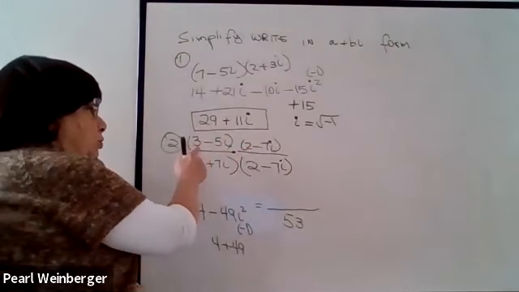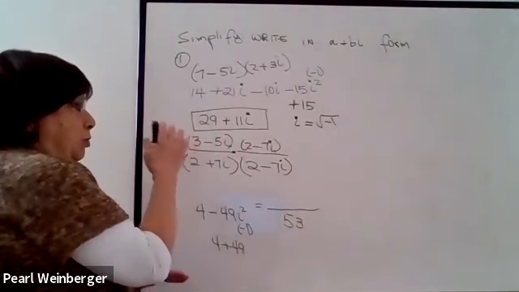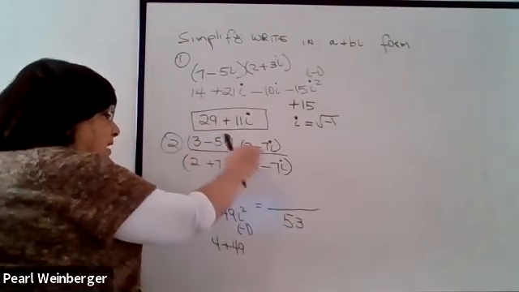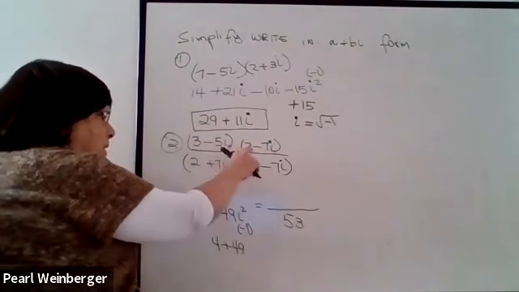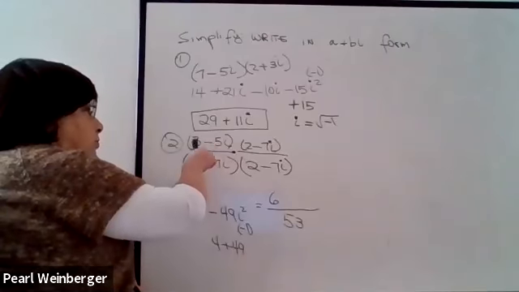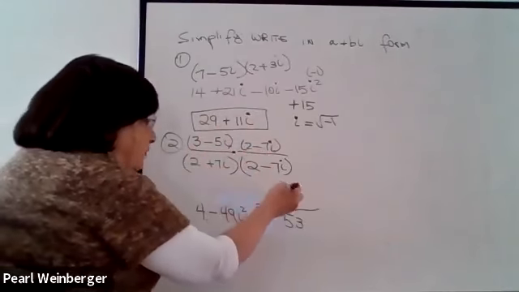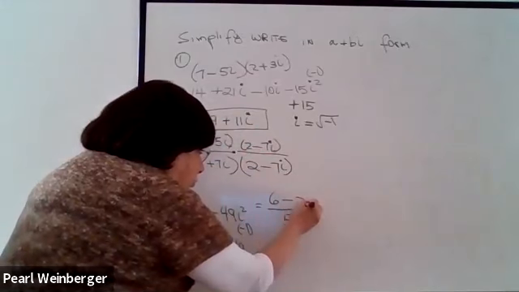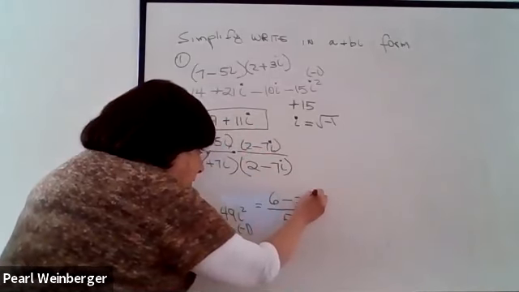So doing FOIL in the numerator, and I have to do the whole FOIL because these are not conjugates. I get 3 times 2, which is 6. Then I do outer, which is 3 times negative 7i, which is minus 21i.